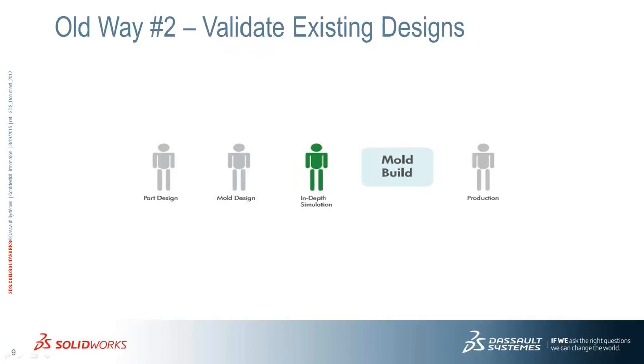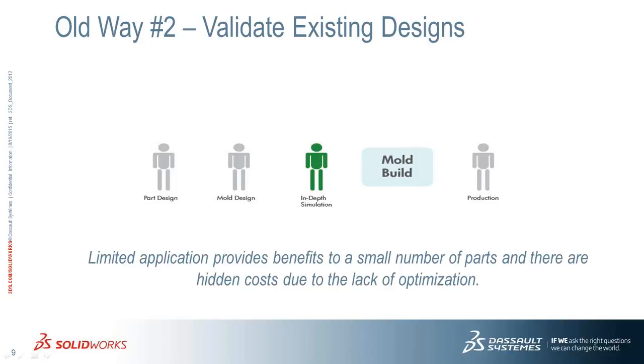The second method, or the next logical step, is to validate existing part or mold designs to ensure manufacturability and avoid time-consuming and costly production delays. While this results in more value realized from the use of simulation, there's still the potential for significant hidden costs because parts and molds are not being optimized.